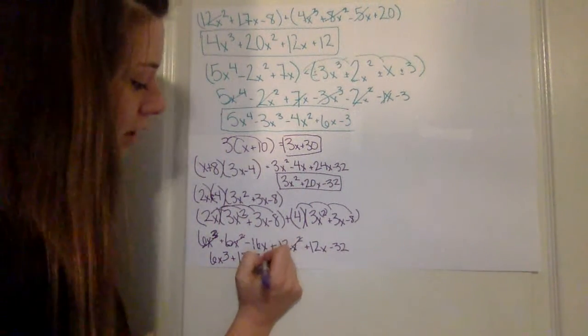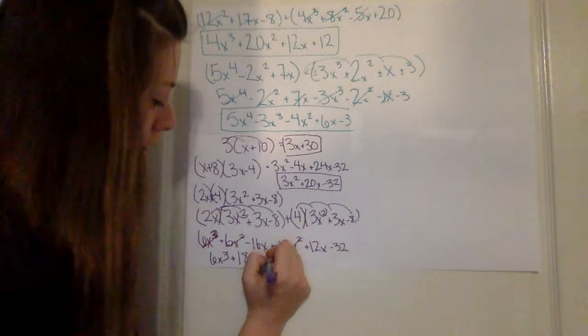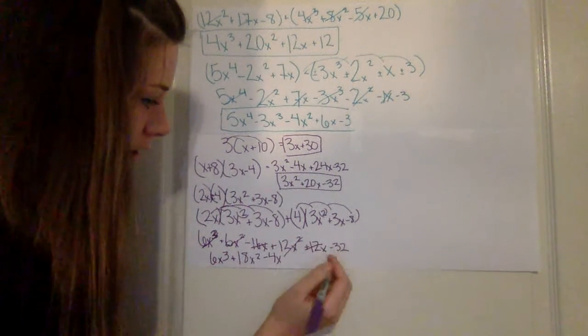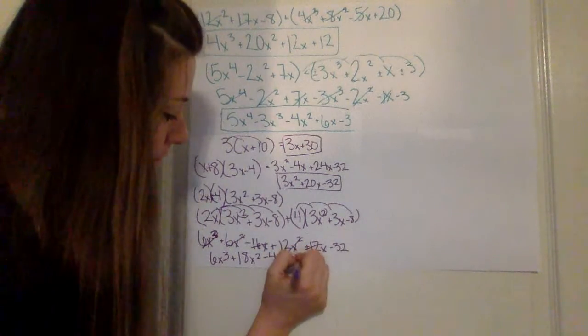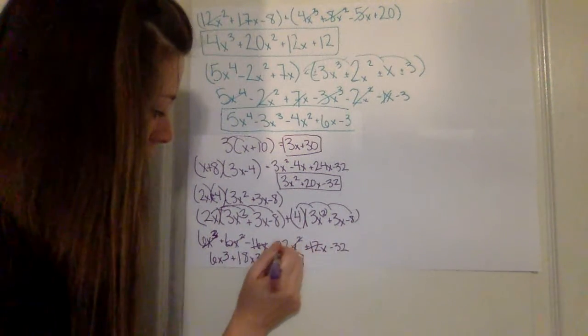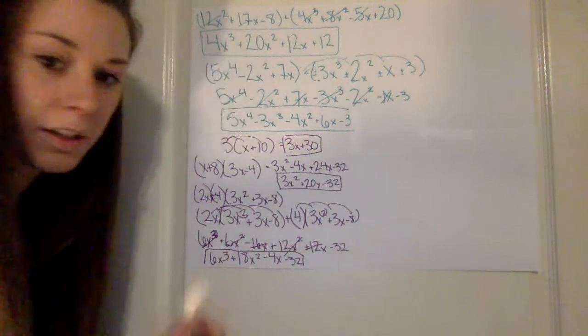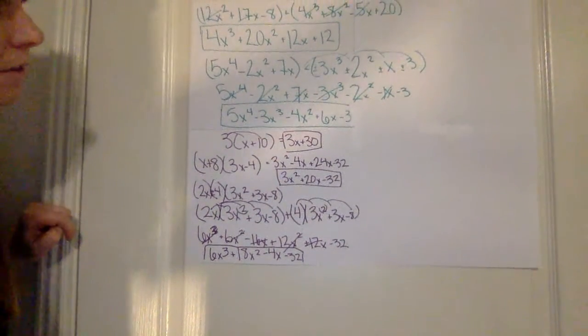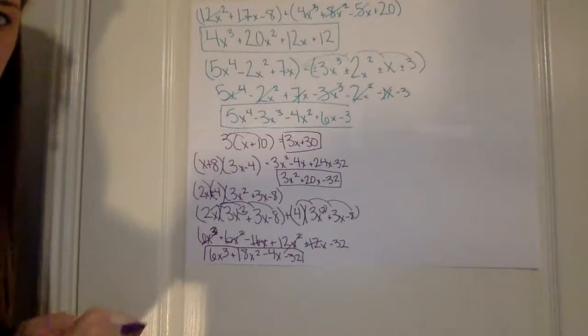That is going to give us, when we combine the two, minus 4x. And then all we have left is minus 32. So sorry, it got kind of small. That would be our answer for the trinomial.